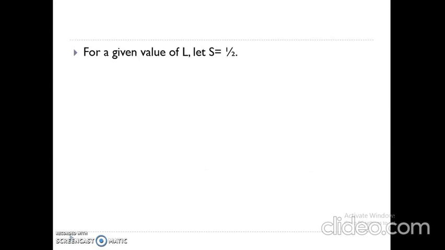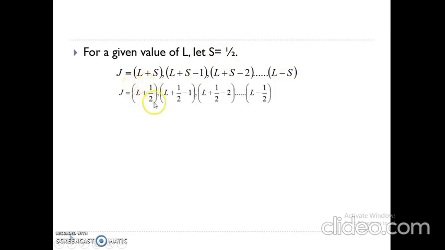For a given value of L, let the S value be equal to half. What are the J values possible? J can have values ranging from L plus S down to L minus S. Let's substitute the value of S here. So J is equal to L plus half, L plus half minus 1, etc., up to L minus half. The first value is L plus half.